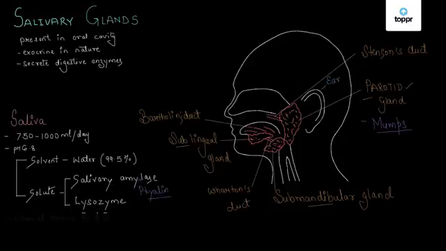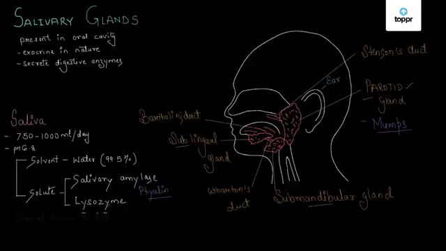So when you eat food, the starch present in it is partially digested by the salivary amylase. Next, the lysozymes are again enzymes which help in killing or destroying microbes. So they can also be called antimicrobial in nature.